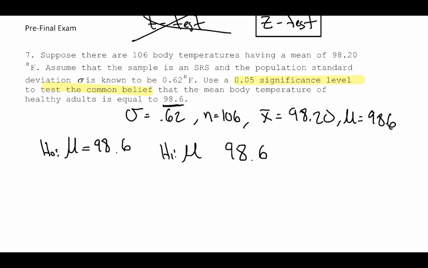Anytime they give you that, you just say not equal to, and that's what we're trying to prove: that it's not equal to 98.6. Any question on why we choose 98.6 or not equal to 98.6?